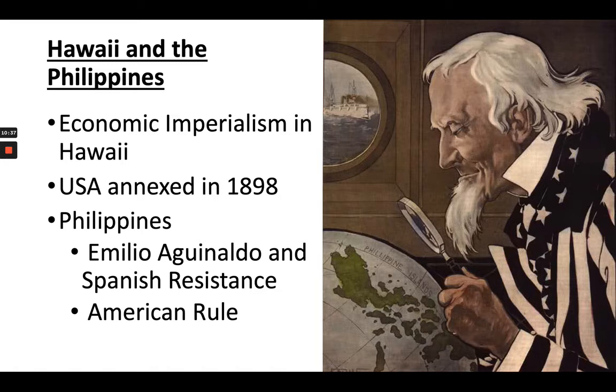So Aguinaldo didn't want to exchange one colonial ruler for another, so he's going to rise up against the United States as well. Well, the U.S. will really suppress the insurrection. The U.S. Army will torture prisoners, burn villages and crops, force inhabitants into reconcentration camps, and over 200,000 Filipinos will die. Then the U.S. will really try to soften its rule by introducing public works and economic development projects.